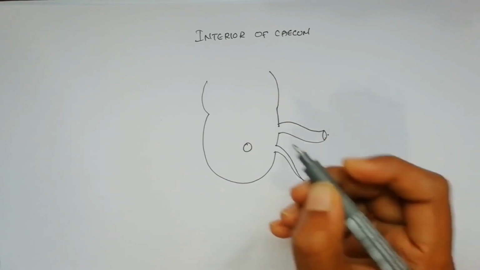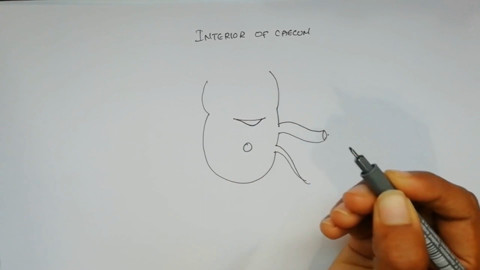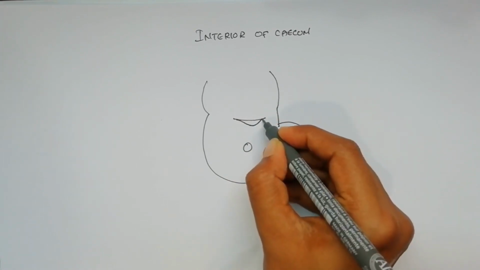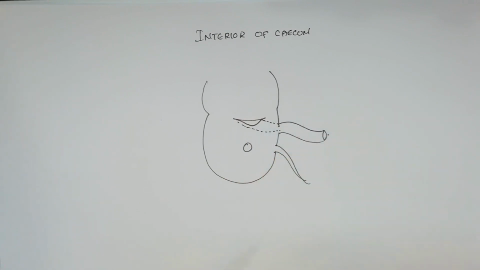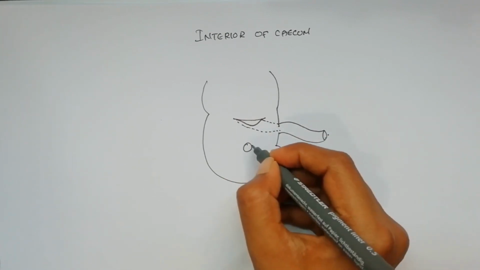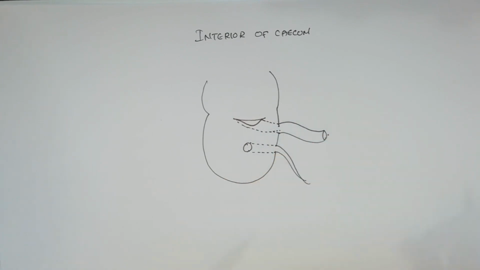One is appendicular orifice, another one is the ileal orifice, ileocecal orifice to be frank. So this is we will call as ileocecal orifice, and this is appendicular orifice. So these are the two orifices we have got in the interior of cecum.